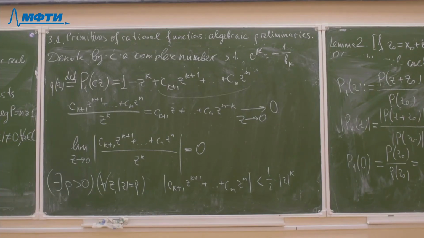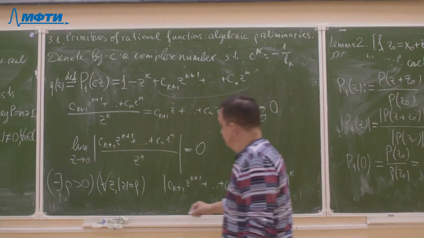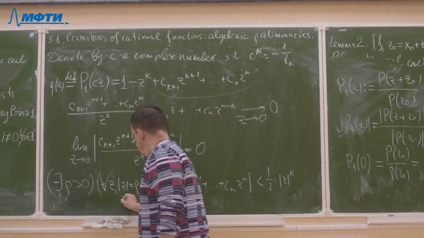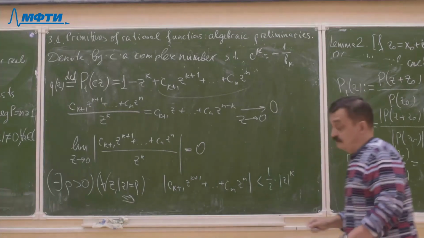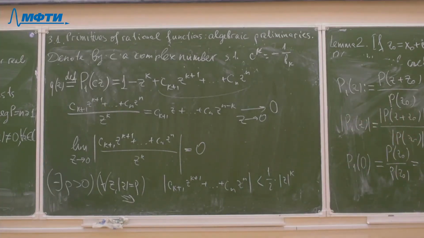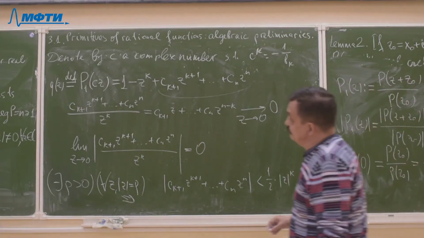Right? Then, what does it mean? Look, what happens for z equal to rho then? If we take z with modulus equal to rho, then what about Q of z?